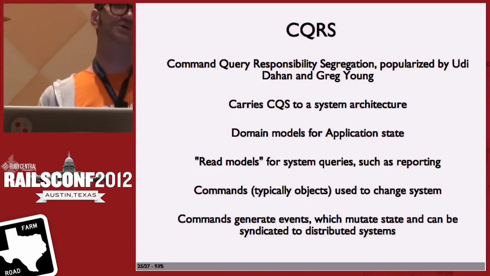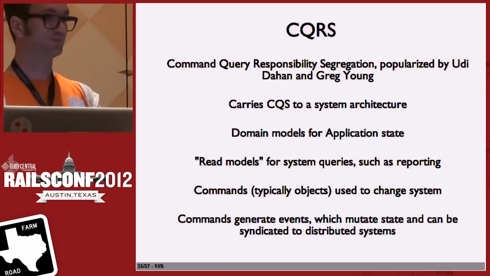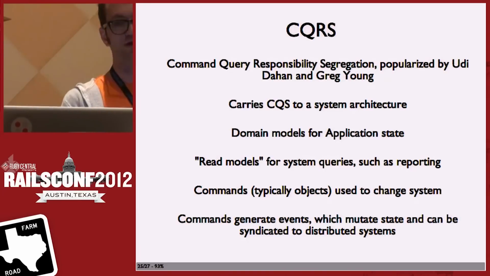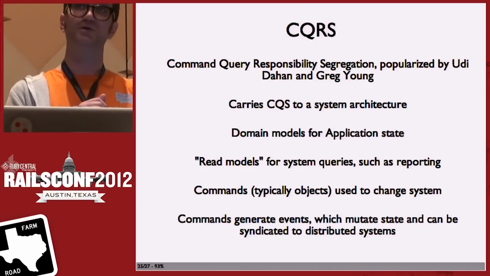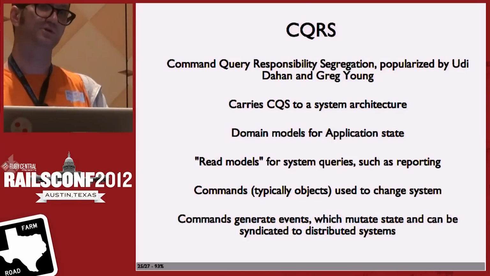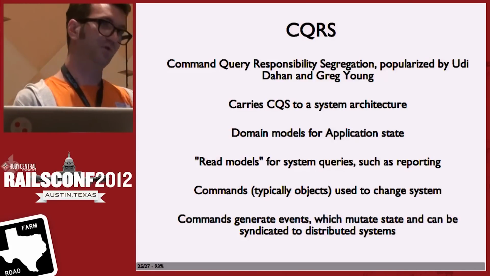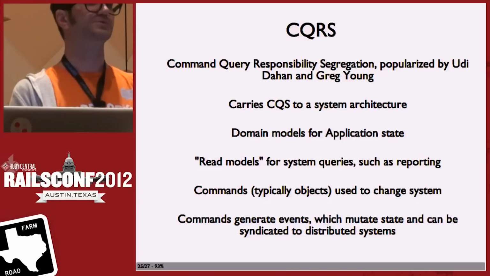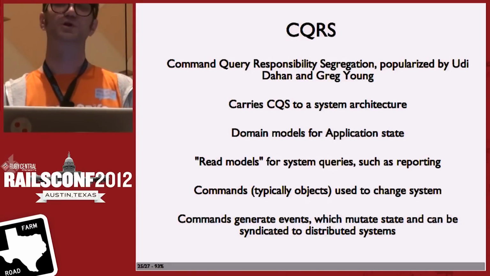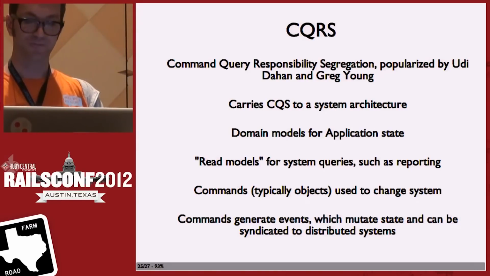Then these commands generate events, which mutate the state of your application, and we can also use those to syndicate the actions to distributed systems. And a real good way of doing that is with message queues, RabbitMQ or ZeroMQ, Resque, message queues like that.